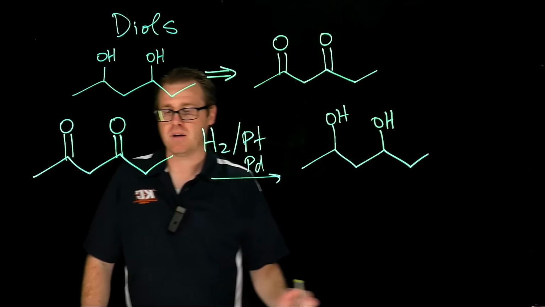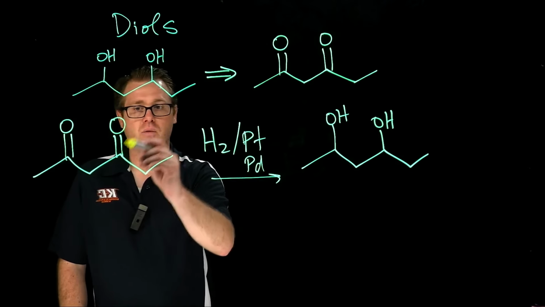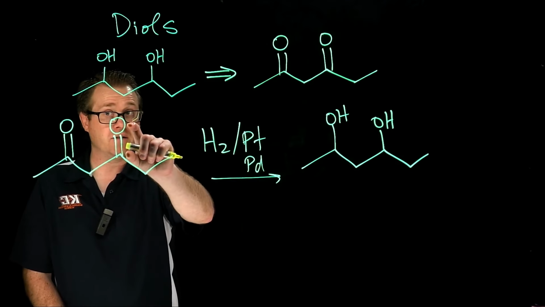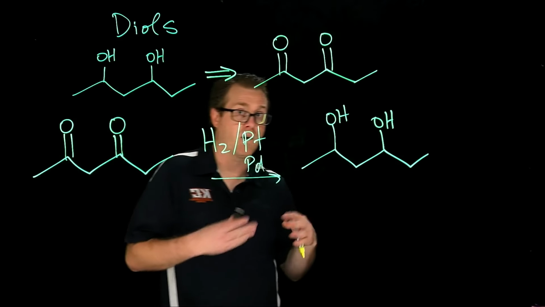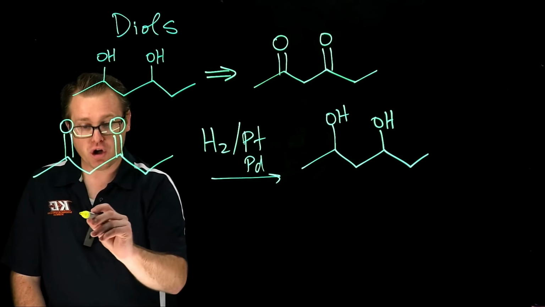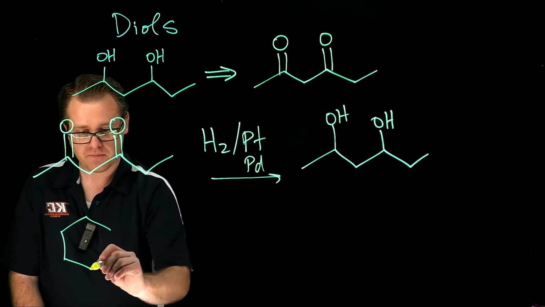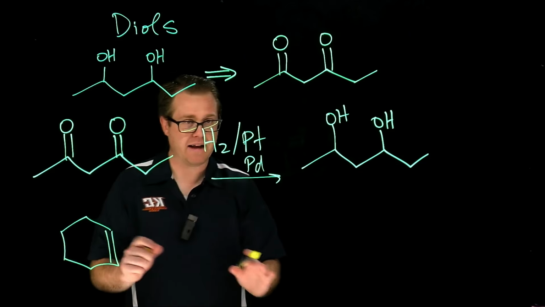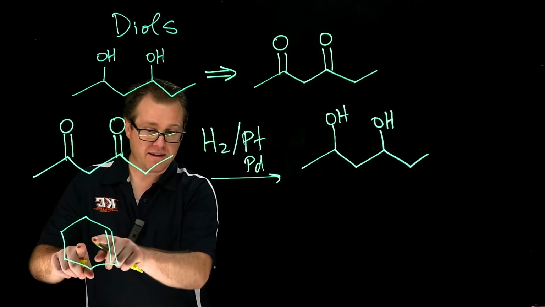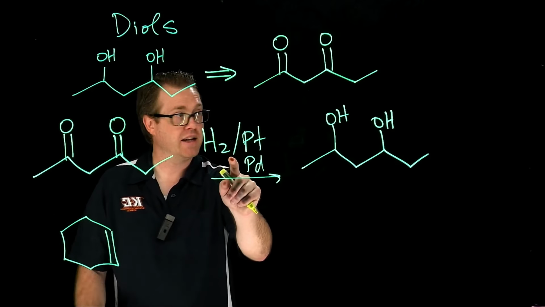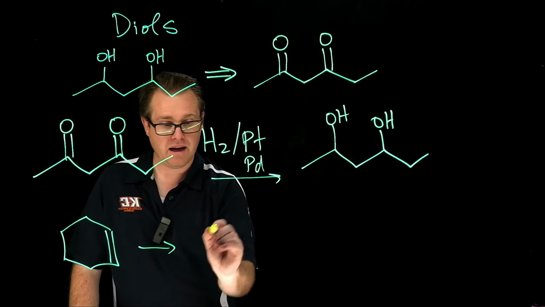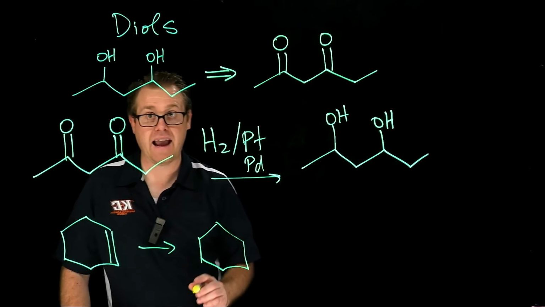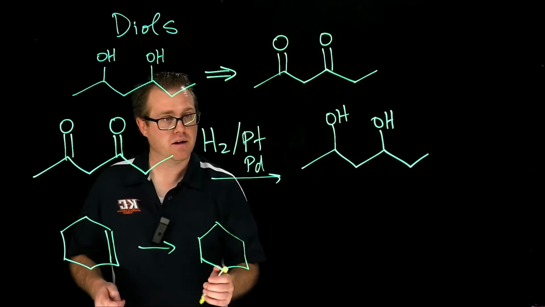But remember that when you want to reduce a carbonyl, it requires a little bit more effort. Let's backtrack a little bit. What would happen to this alkene if I treated it with this reagent right here? It would form the alkane, or the cycloalkane.